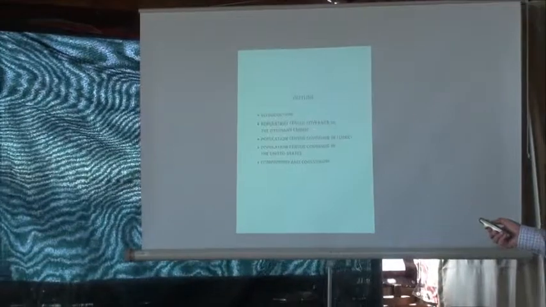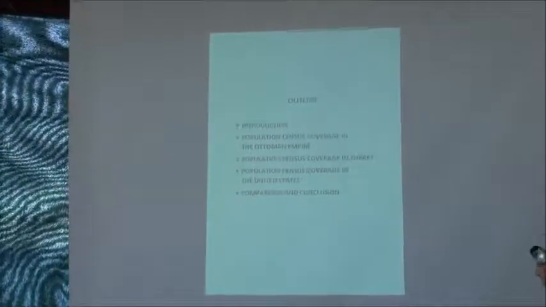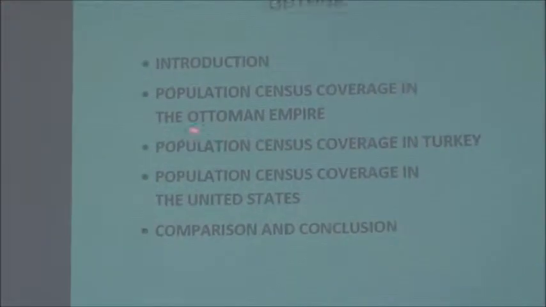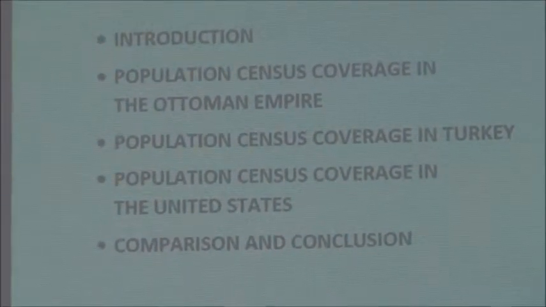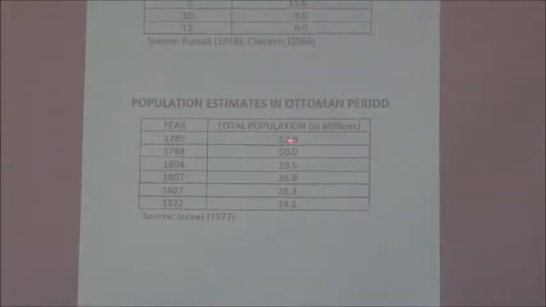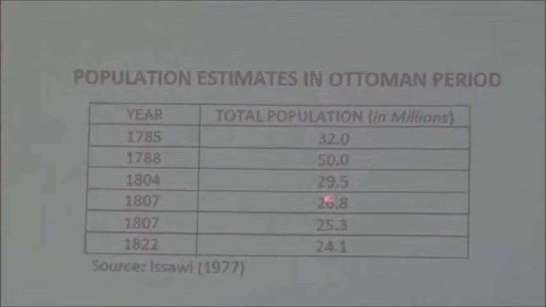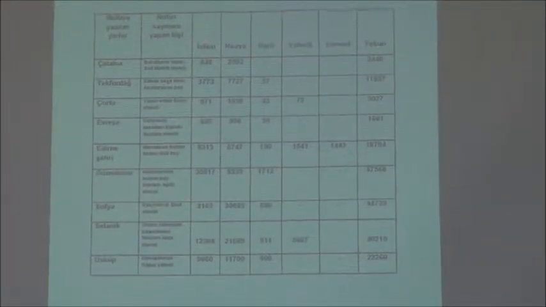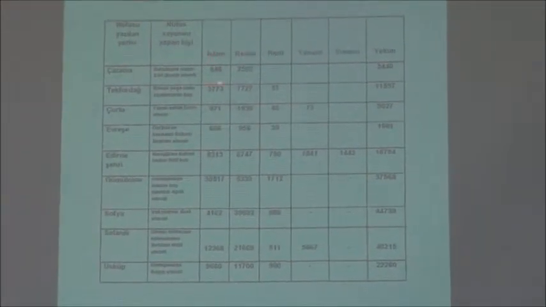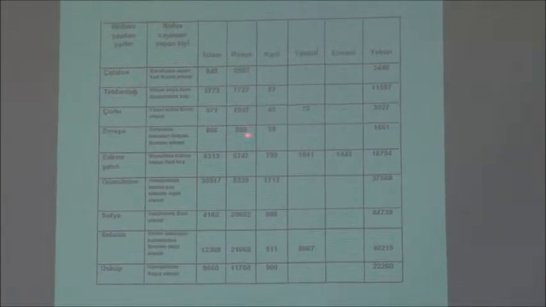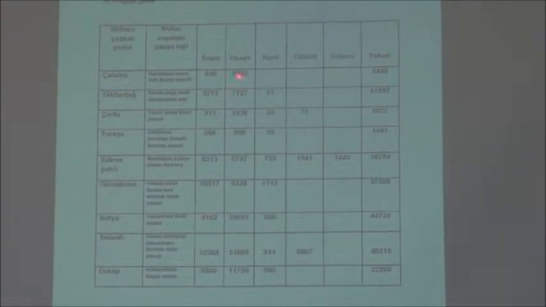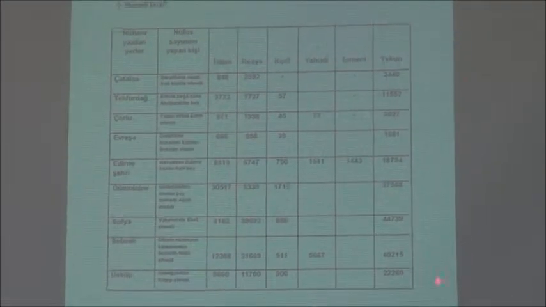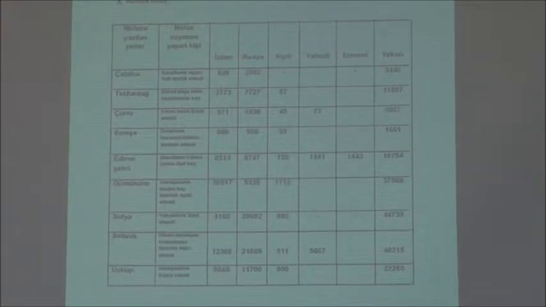And their coverage issues, the population coverage issues that I want to talk about, and also coverage issues in the Turkish population censuses. 1785, 32, 88, 50, 29, 26, and religious Islamic people, Riaya, other Christians, Copts, Jewish people, Armenians, that went to total. So that's 1831.